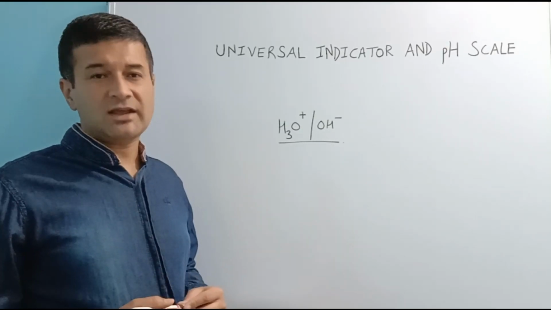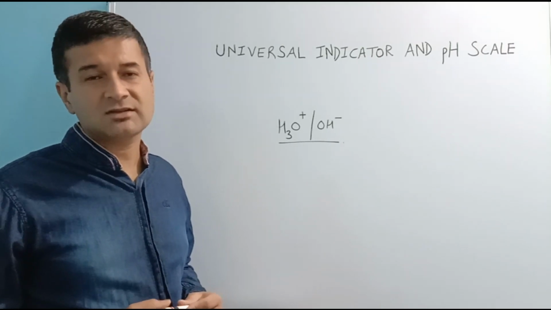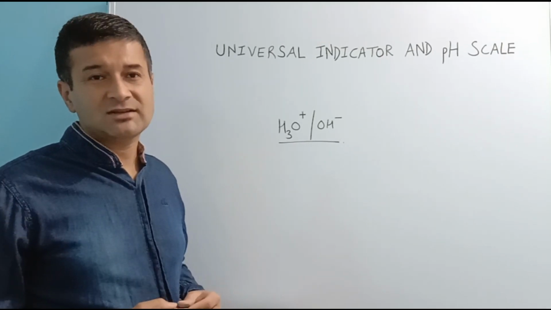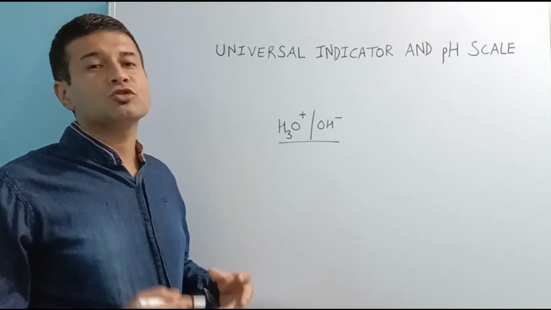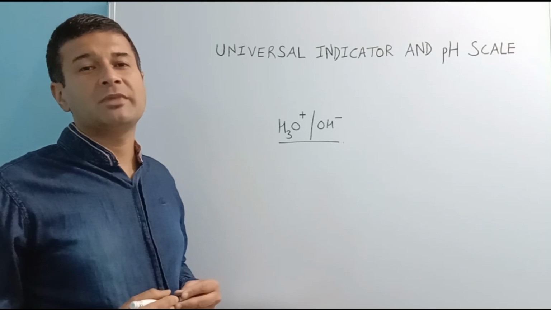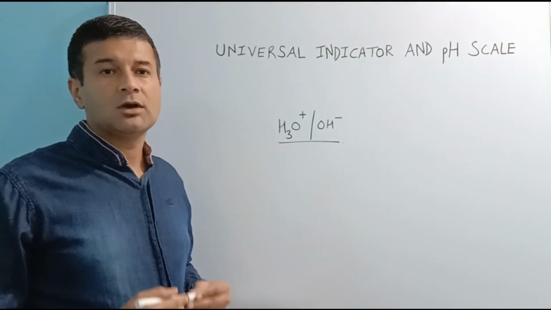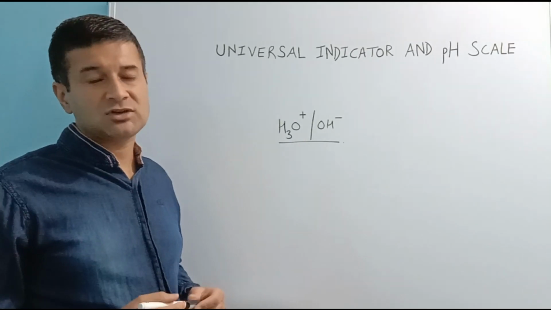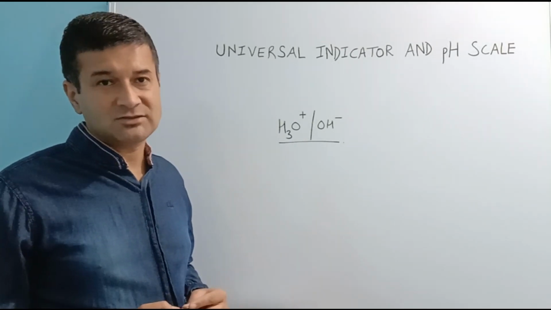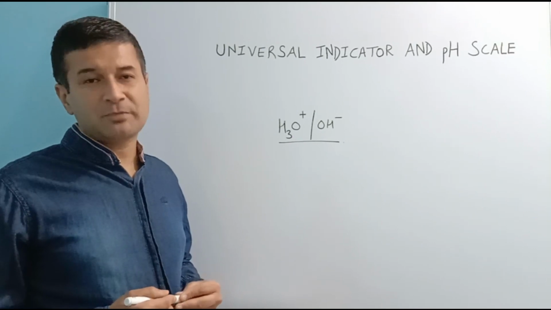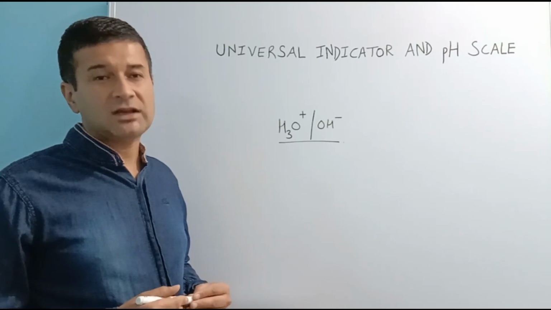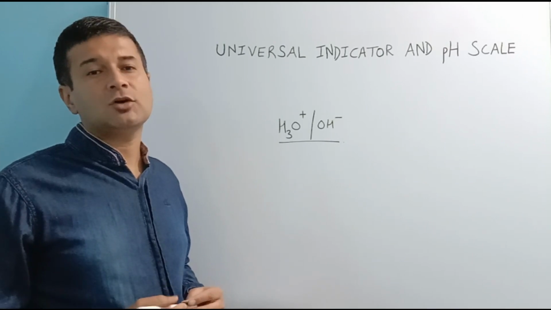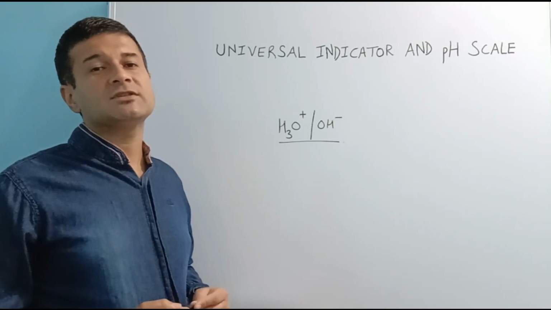But can we say which acid or base is stronger than the other? Is there any way by which we can say that any acid is stronger than another acid, or a base is stronger than another? In order to know whether a solution is acidic, basic or neutral, we use different types of indicators like blue and red litmus paper, phenolphthalein, methyl orange, etc. Similarly, to know the strength of an acid or a base, we use universal indicator.